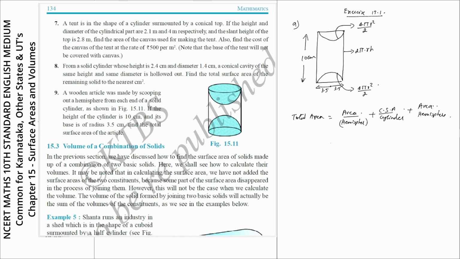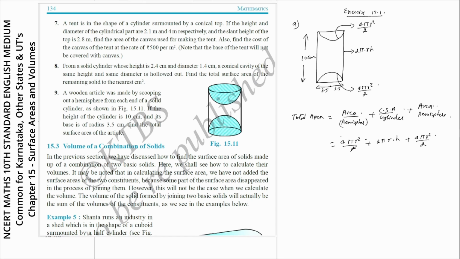So area of the first hemisphere, that is the top hemisphere, is 4 pi r square by 2. Then curved surface area of cylinder is 2 pi r into h, plus area of the bottom hemisphere is 4 pi r square by 2.